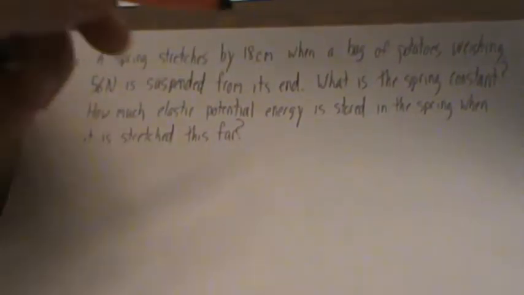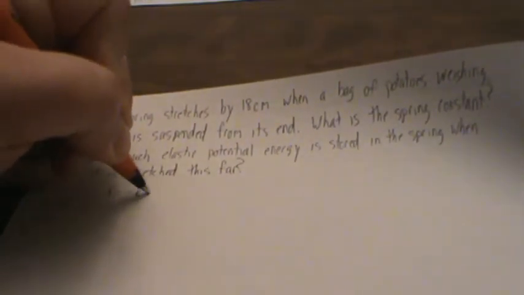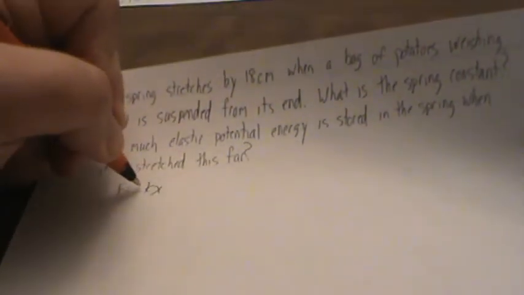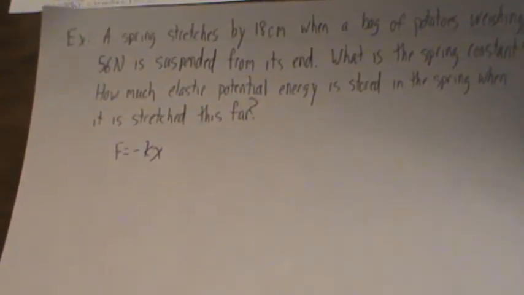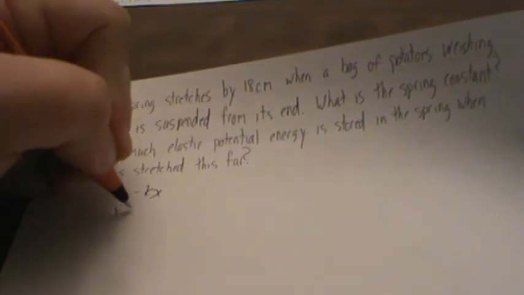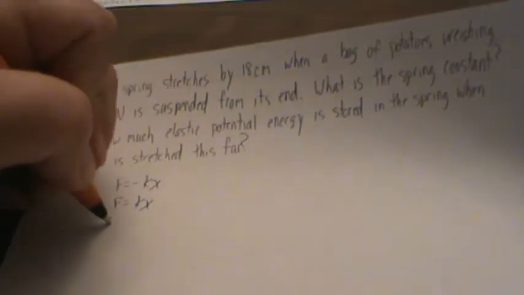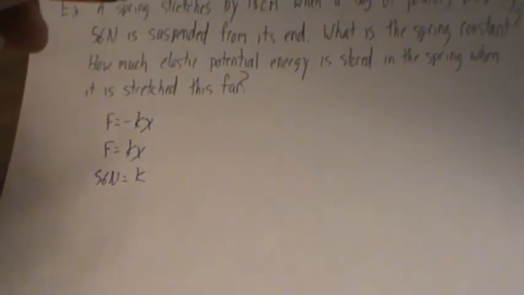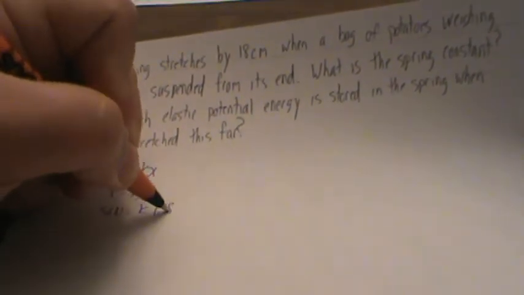All right, the first thing, trying to find the spring constant, we're going to use Hooke's law. F is equal to negative kx. What we can do is negate that negative sign, because that's just reminding us that it's being restored. So F is equal to kx. We have our force, 56 newtons. k is our unknown. x, well, the spring is stretched 18 centimeters, and we have to convert that to meters.